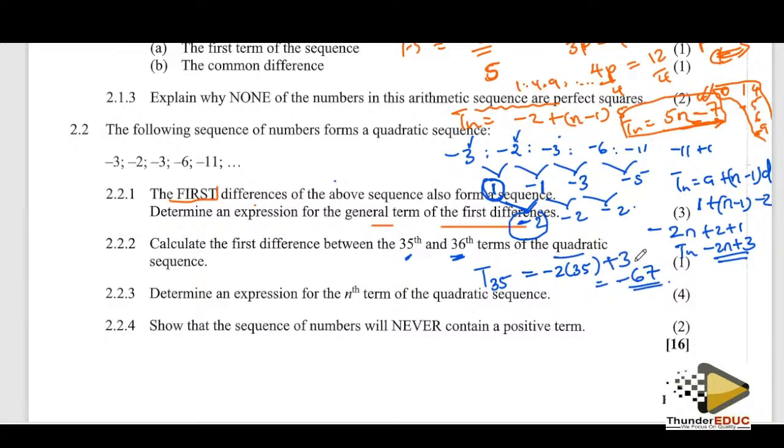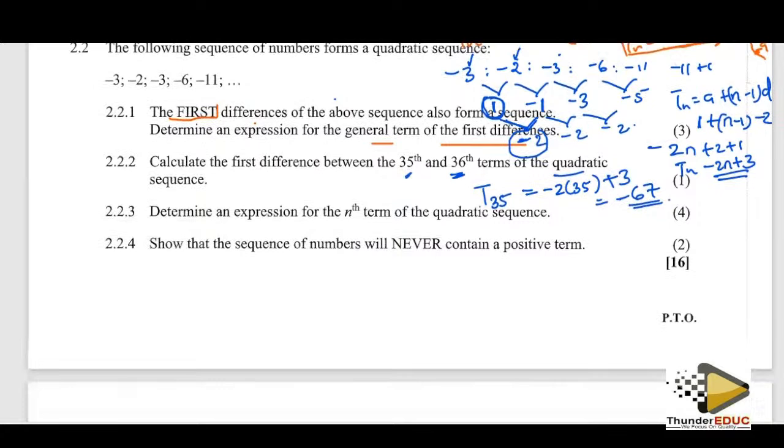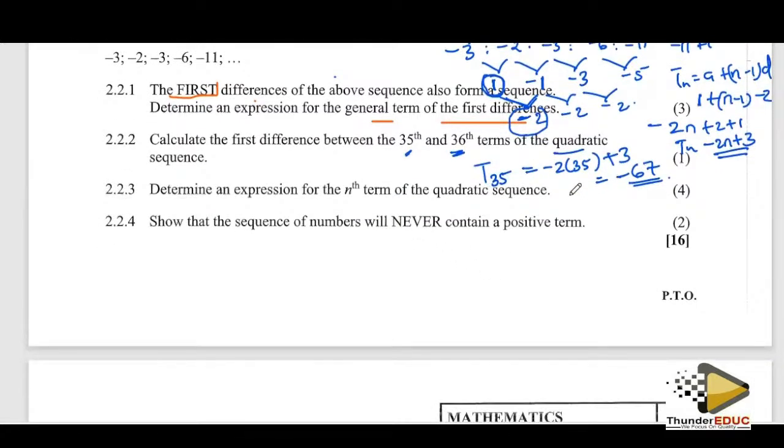Then 2.2.3, they want an expression for the nth term. So with the nth term, since we have our second difference, we shall say 2a is going to be equal to -2. Divide both sides by 2, which means a is -1. Then with the 3a plus b, I'll equate it to 1, which is the first term of the first differences.